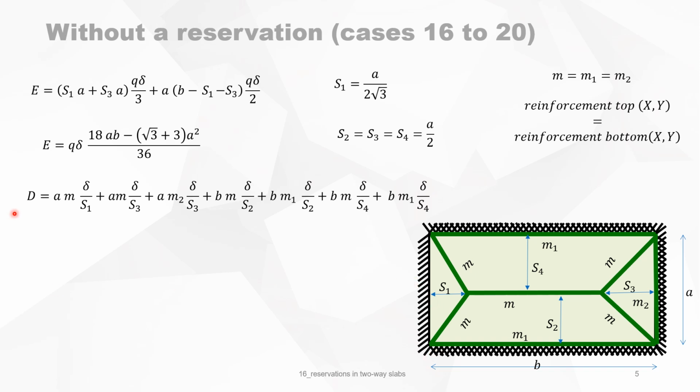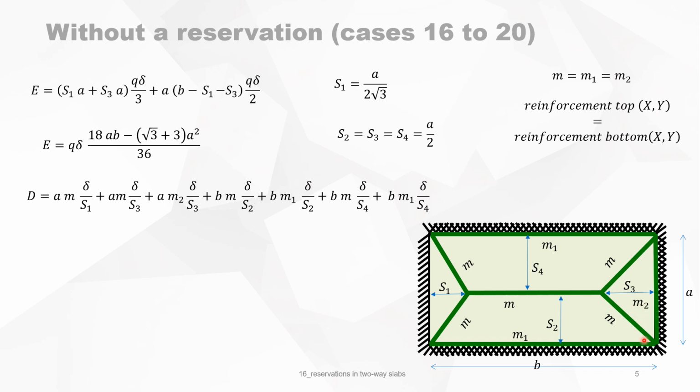The work done by the internal forces is calculated by projecting the yield lines to their rotation axis. This yield line will be projected to the vertical axis of rotation, multiplied by the angle of rotation, which is delta over S1. So we have a M delta over S1. For S3, the same. We have this yield line, which is, of course, M2 times delta over S3.